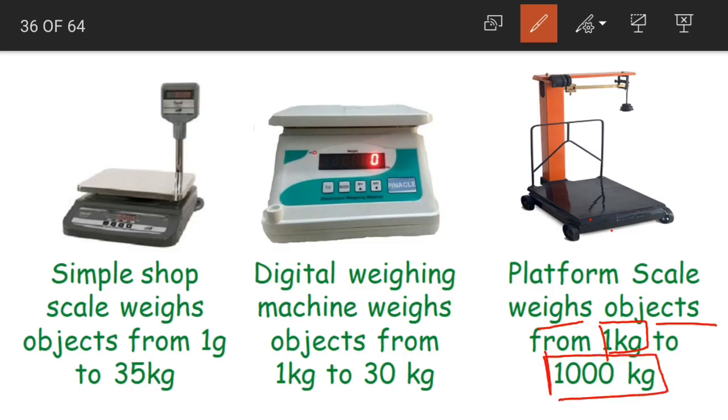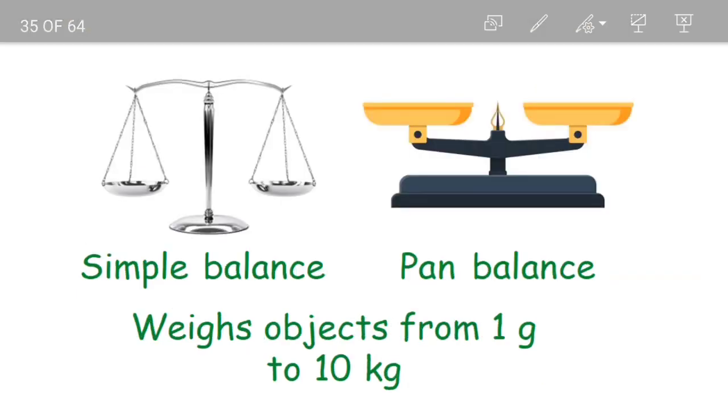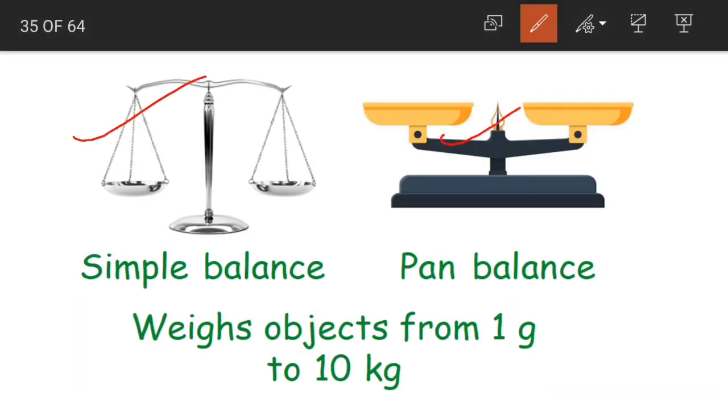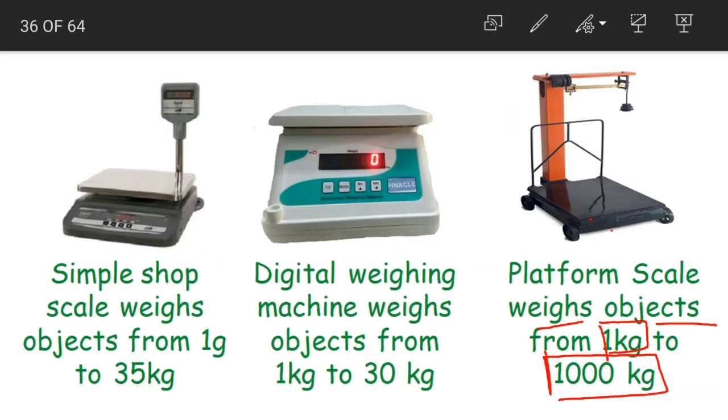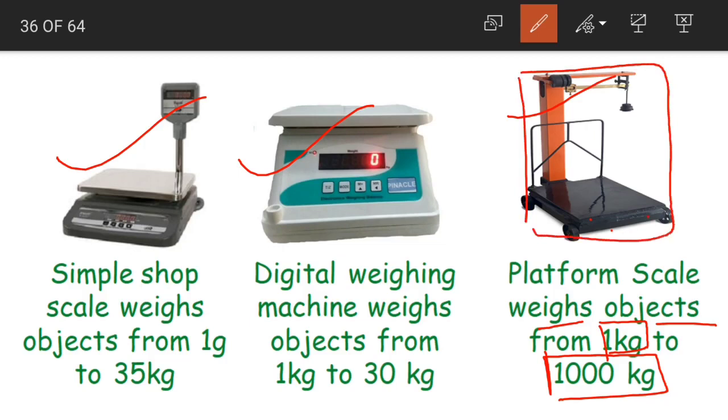See, from all the measuring instruments that we have seen, the simple balance, pan balance, simple shop scale, digital weighing scale and platform scale, this has the highest weighing capacity. It can weigh objects from 1 kilogram to 1000 kilograms.